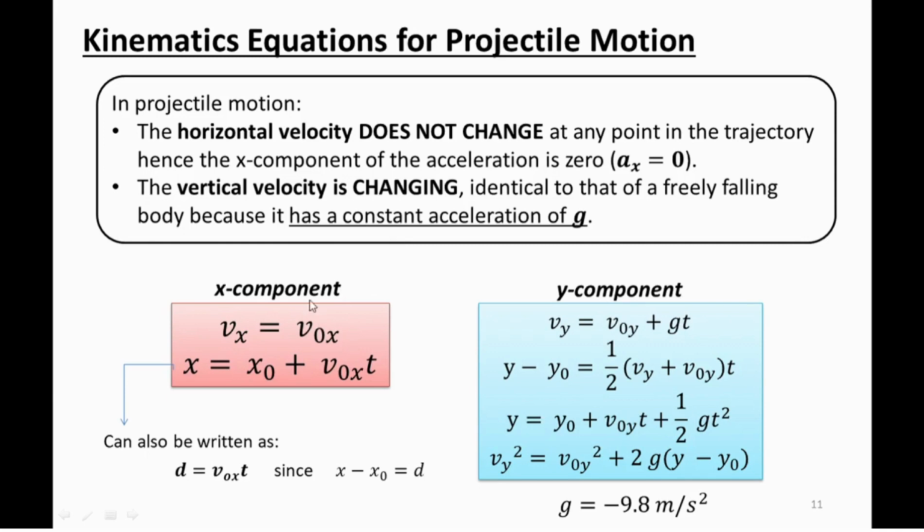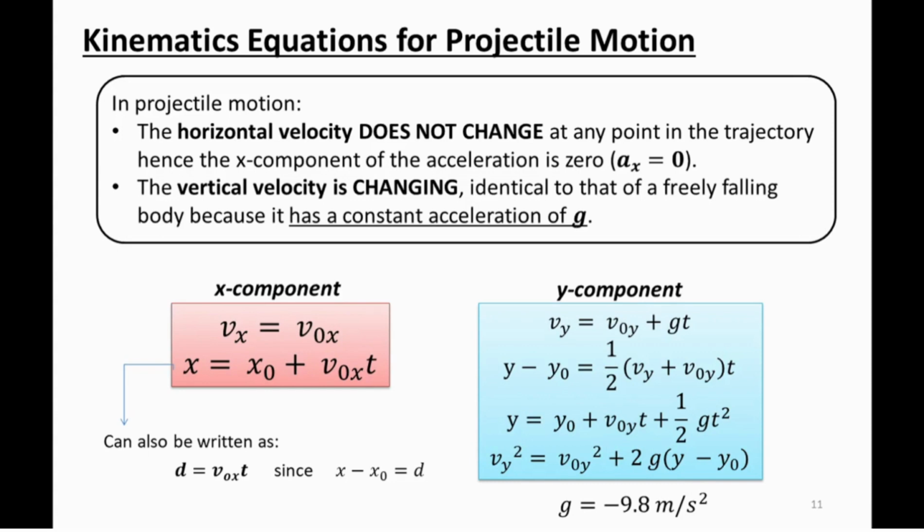For the x component, we only have 2 equations, and for the y component, we have a total of 4 equations. So again, in projectile motion, the horizontal velocity does not change at any point in the trajectory. Hence, the x component of the acceleration is equal to 0.